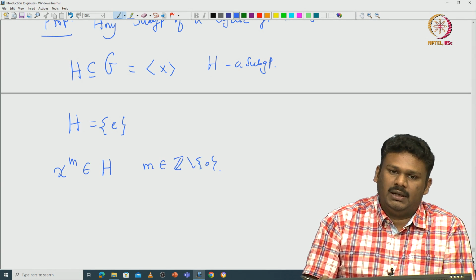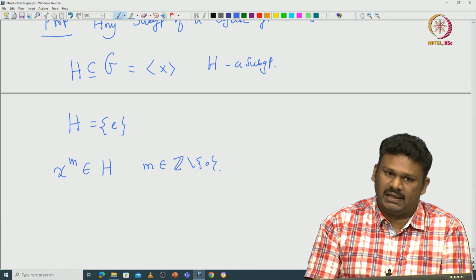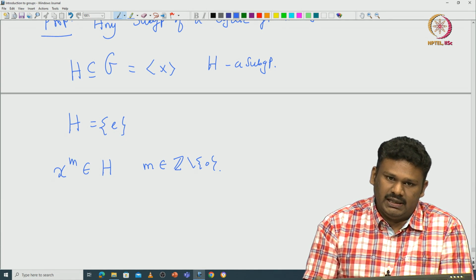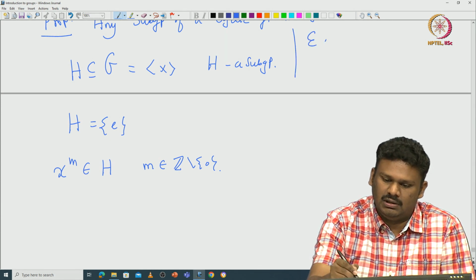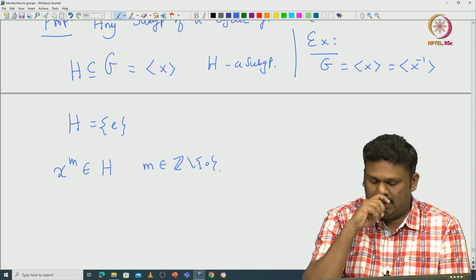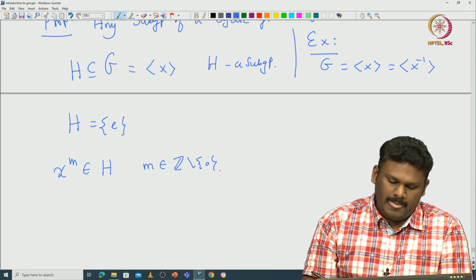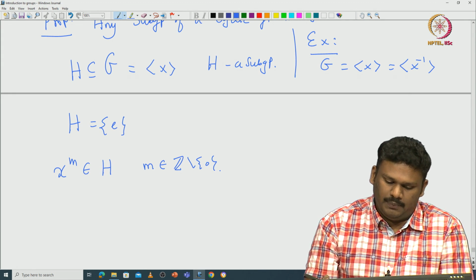Okay. But this m you can assume to be positive, because by replacing x by x inverse, you can see that it still generates G. This is something I will leave as an exercise. If G is generated by x, then definitely x inverse also generates G. So, by replacing x by x inverse, I can assume m is positive.